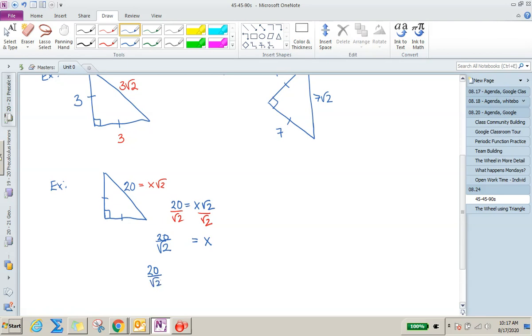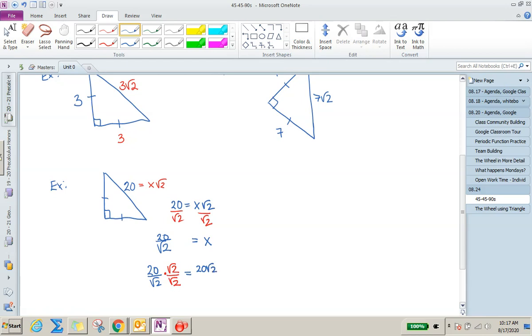To rationalize the denominator means to get rid of the root in the denominator. And we can do that by multiplying the top and bottom both by root 2. You're allowed to do that. Whatever you do to the top of a fraction, if you do the same thing to the bottom, that is legitimate. All right, so this becomes 20 root 2.